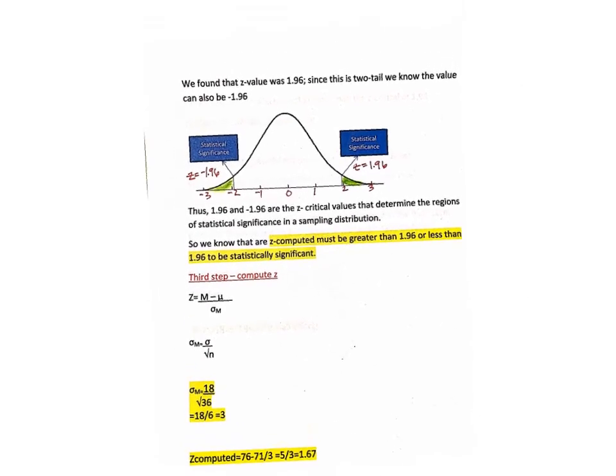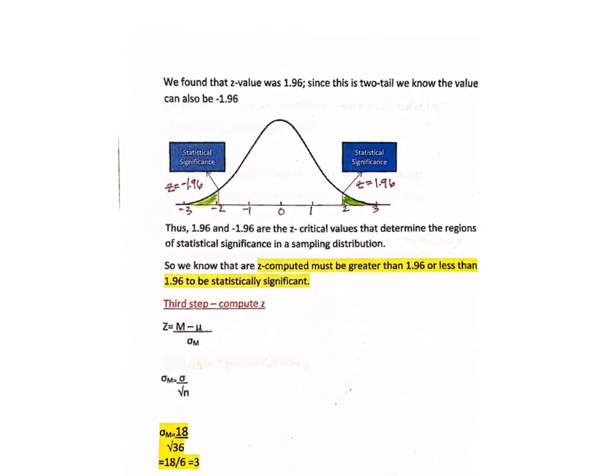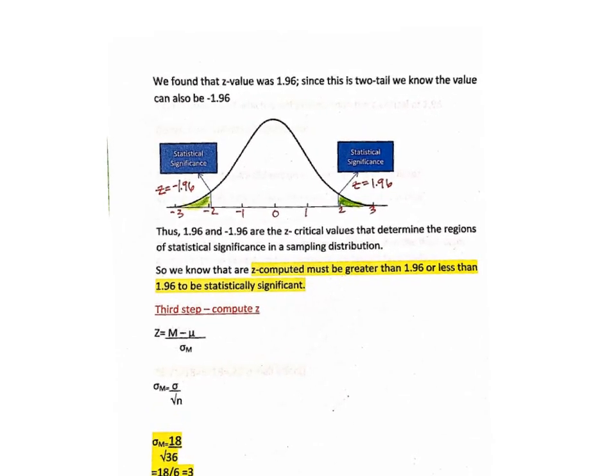Then we're going to draw this out for you. You don't have to draw it out in every problem, but just so that you can see what we've done here. We have two tails: one tail in the positive direction, which is a z of 1.96, and one in the negative direction, which is negative 1.96. The critical values are the areas that are green.